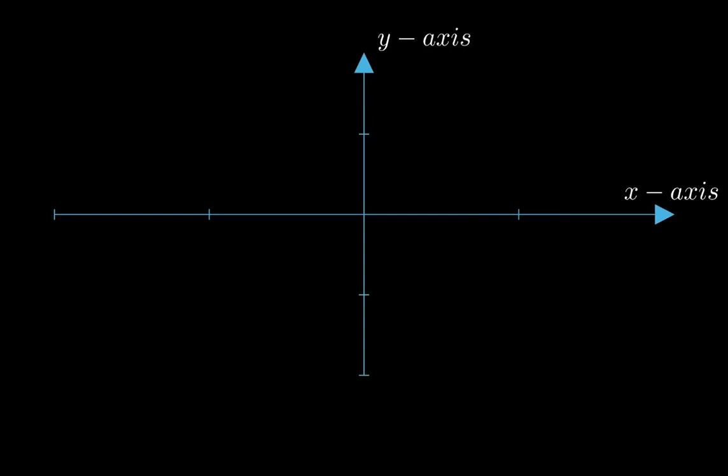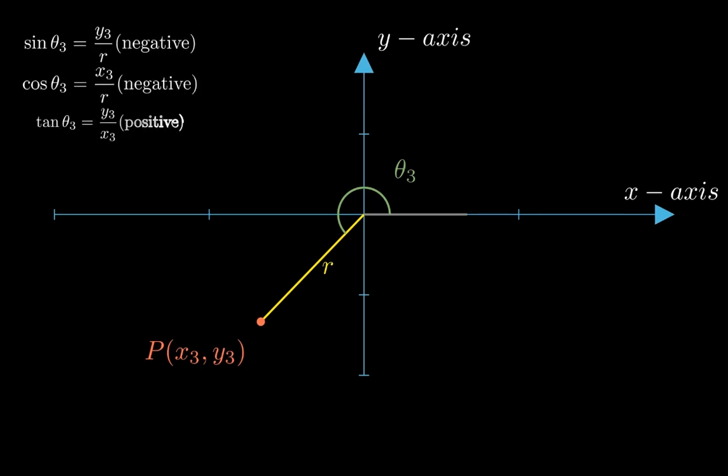What about in the third quadrant? All angles are measured from the positive x direction, like so. The angle is theta 3, as you can see it. The ratios still hold, but how do we talk about the negative and the positive? Sin theta 3 is negative because it is y over r, and the y in that quadrant is negative.